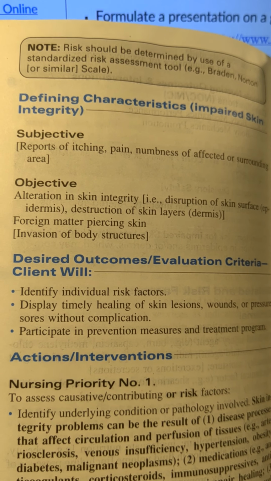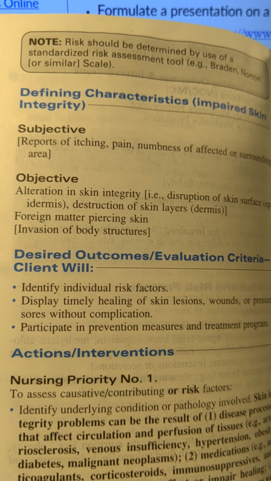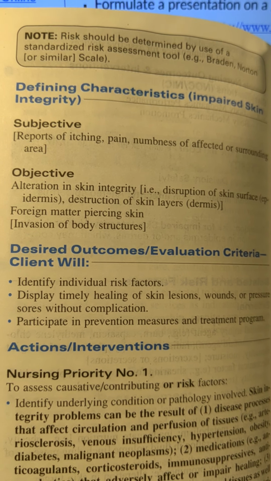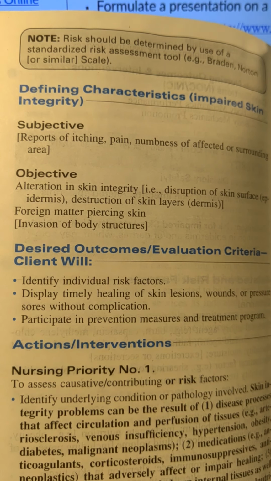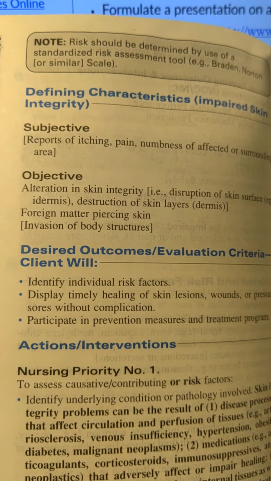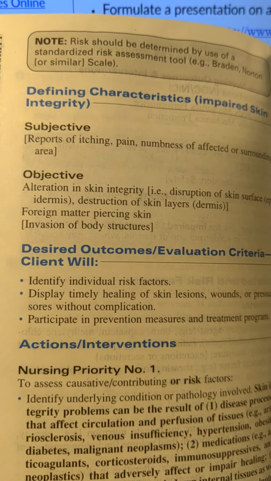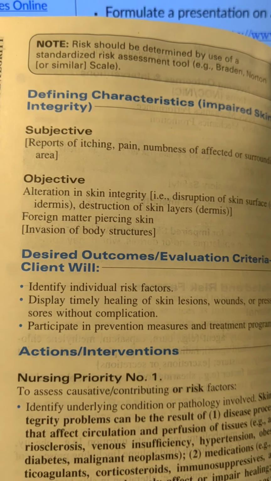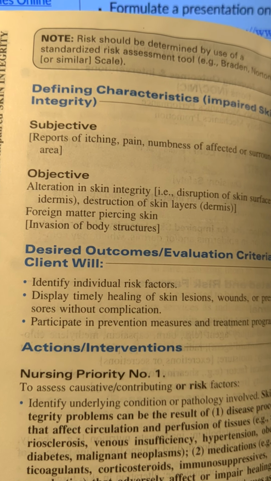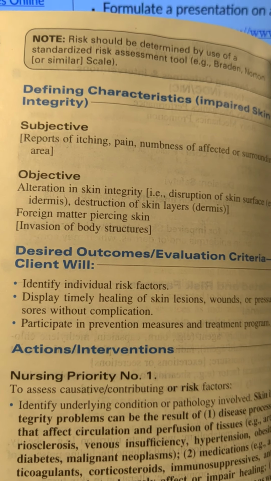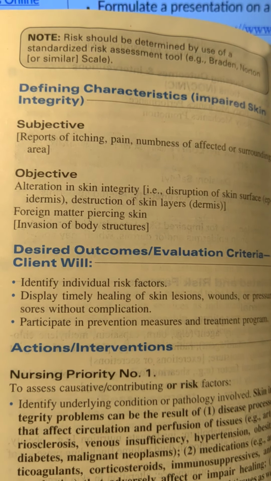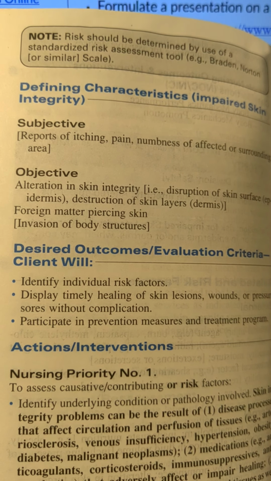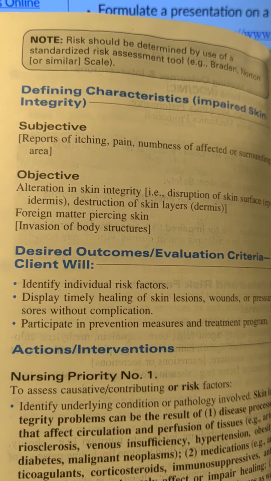Now this sounds crazy. It's so obvious when you say it out loud that you'll laugh. But if you choose impaired skin integrity, see where it says under objective, alteration in skin integrity, foreign matter piercing skin, invasion of body structures, etc. What happens is, if you choose that nursing diagnosis and you decide that's the one I'm going to make interventions out of, when I'm reading the care plan, I go back to your report of your head-to-toe assessment, and I look in the skin section for example.